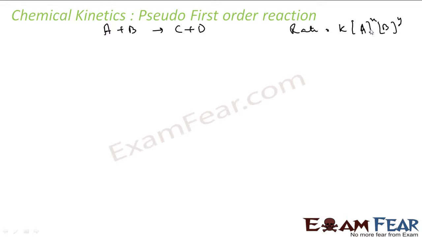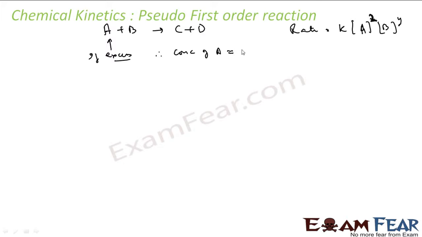Correct? Now, suppose A is in excess, and suppose it has a power of 2, or 3, any number, not 0. If A is in excess, even if the reaction continues, the concentration of A will be the same, right?